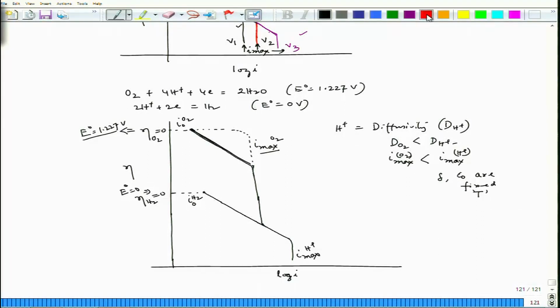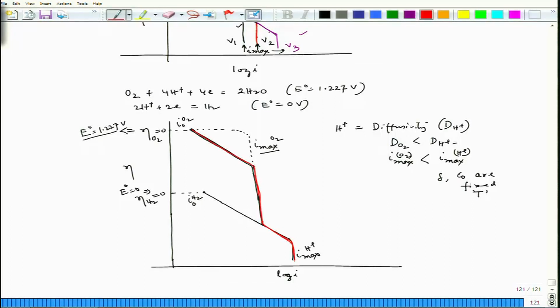If I draw it with a different color, this particular fall would follow this pattern, then switch to this pattern and then follow like this. So these red lines would be the actual polarization line for both the reactions.